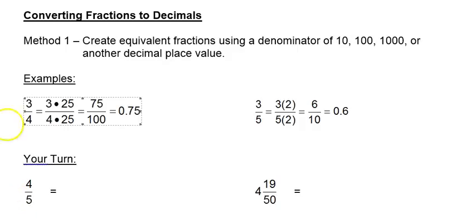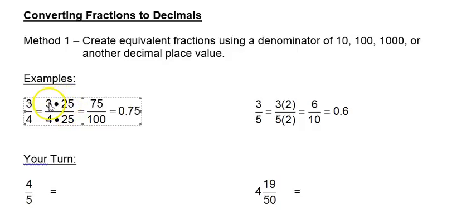So this first example, we have the fraction 3/4. So you need to ask yourself, can I multiply 4 by any number to get a place value? And I can multiply 4 by 25 to get 100. And remember, 100ths is a place value. So if I have to multiply 4 by 25 to get 100, I need to do the exact same thing to the numerator.